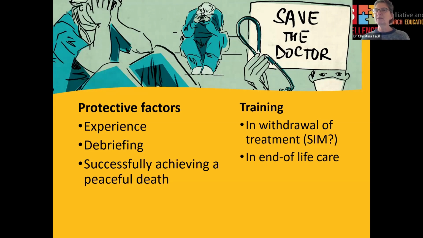Maybe we should be doing some simulations of withdrawal, and also about caring for people at the end of life, for people that feel very unsure about that, as happened in COVID. So looking after our staff really came much more prominent in my mind as to what we are doing in motor neuron disease end of life, particularly if we're withdrawing treatments that people feel they're involved in causing someone's death. We need to set that up in a way that mitigates all of that impact.